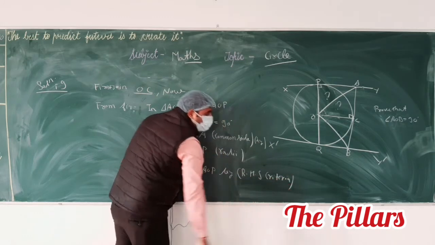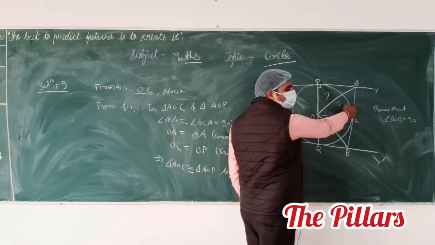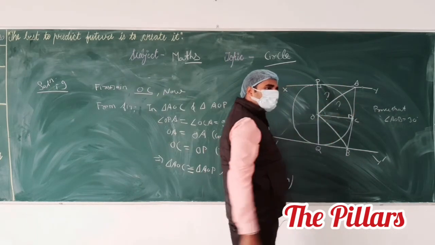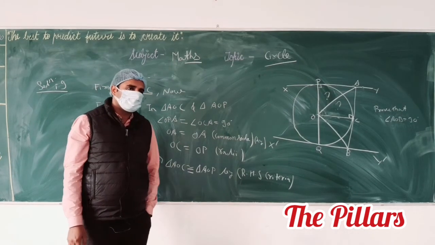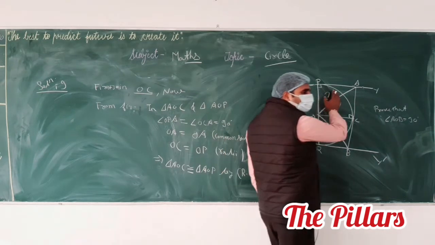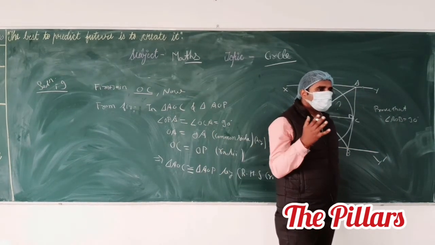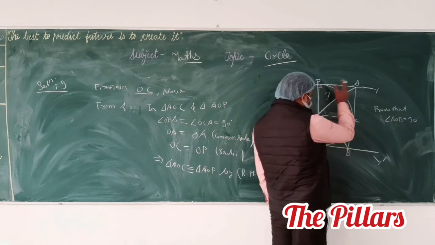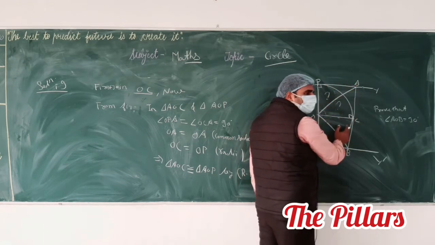If you want to prove this by side criteria, these three sides are equal, then by side criteria we can also prove that these two triangles are congruent to each other. If these two triangles are congruent, then corresponding angles are equal. It means angle PAO equals angle AOC.